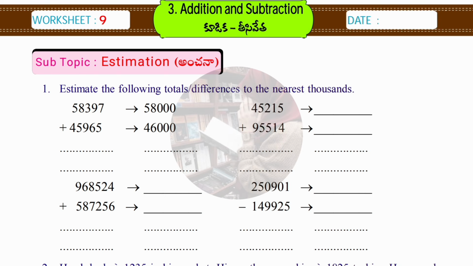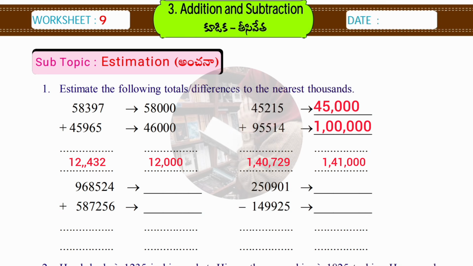And here we need to add these two numbers, 58,397 plus 45,965. We get 1,04,362. If you observe, after 1,04 we have got 3 as a digit, so we keep it as 1,04,000 itself. Understood?